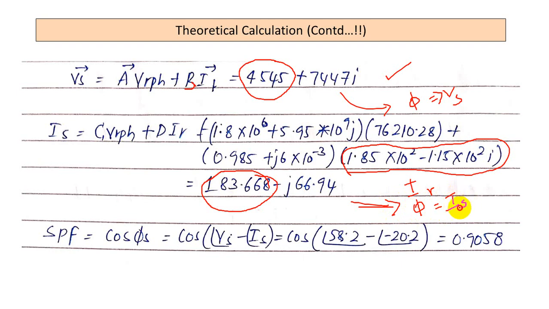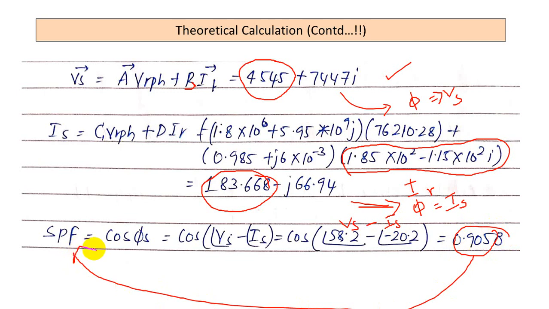Now check the angle difference between VS and IS: the cos of the VS angle minus the IS angle will give you the power factor of the sending end. This is how you calculate your sending end power factor.